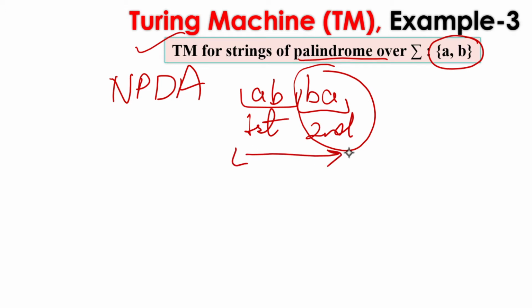We can follow only one direction in case of DFA, NFA or PDAs, simply pushing the symbols onto the stack, and for the second half we were performing the pop operation. But with a Turing machine, we will be using a separate approach, because we can move through the string symbols any number of times from left to right.